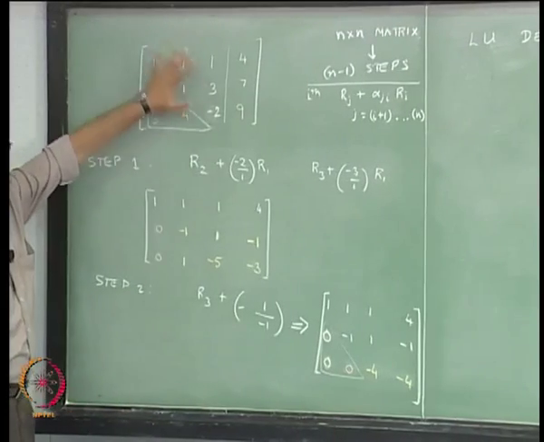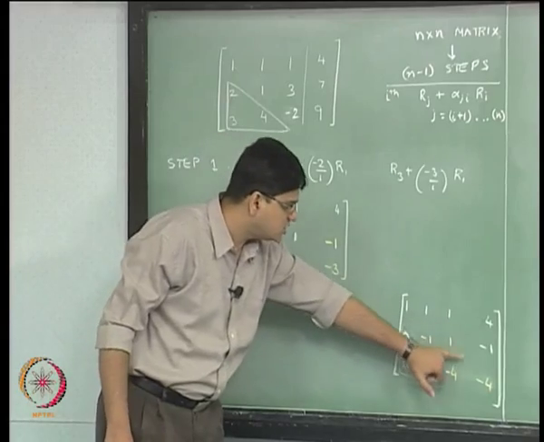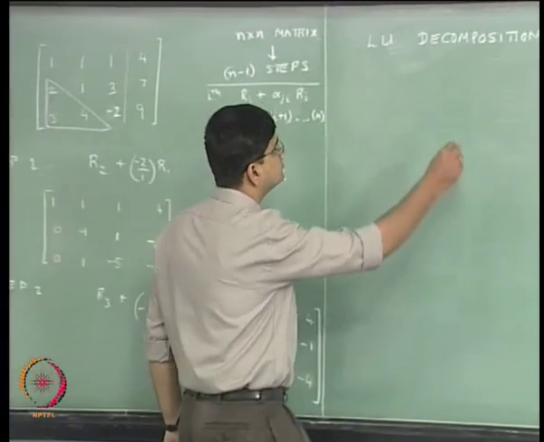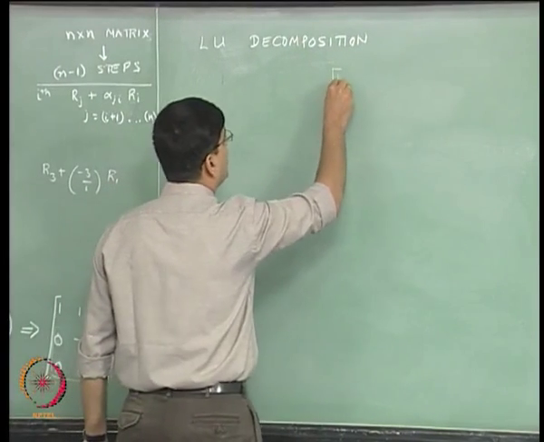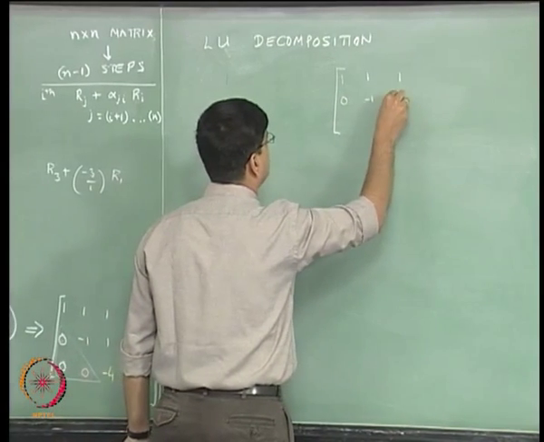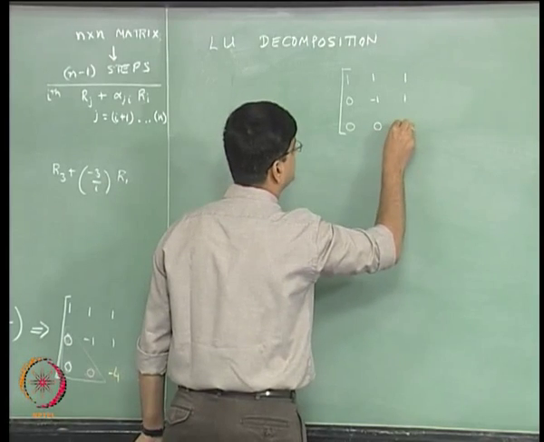So, this was our Gauss elimination result. From the Gauss elimination method we got this as the upper triangular matrix. So, let me write this upper triangular matrix as 1 1 1, 0 minus 1 1, and 0 0 minus 4.